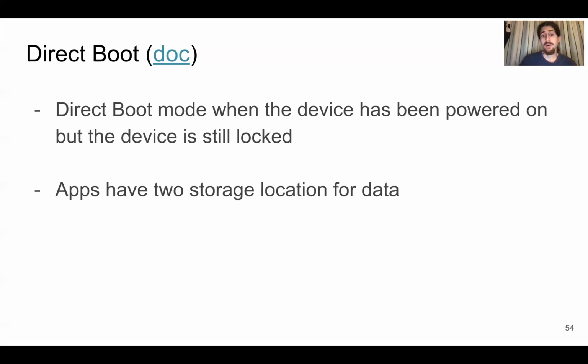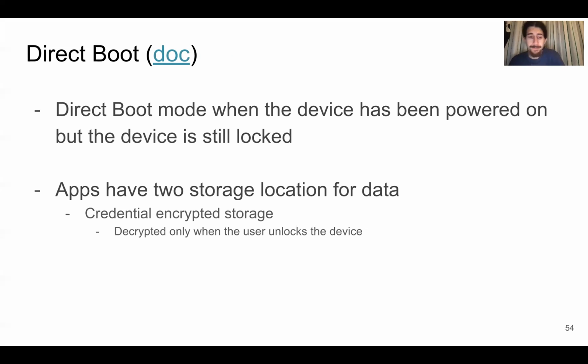Now apps can define at the API level two different locations to store data, and one is credential encrypted storage, which is decrypted only when the user unlocks the device. Credential refers to the user password. So we encrypt things with keys derived from the user password, so unless you put in the password, your data is not going to be decrypted.